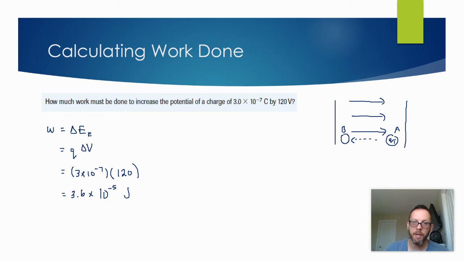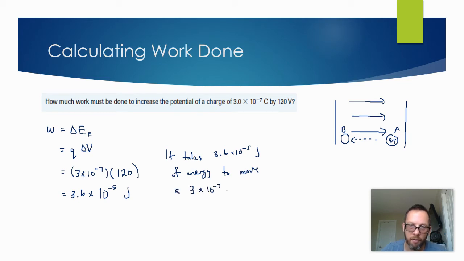So what does this mean? It takes 3.6 times 10 to the minus 5 joules of energy to move a 3 times 10 to the minus 7 coulomb charge from A to B, where across that distance from A to B there's a potential difference of 120 volts.